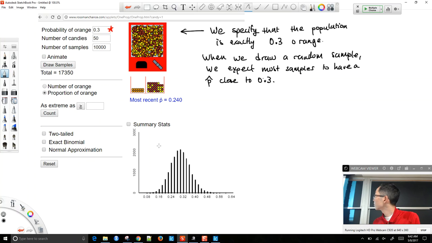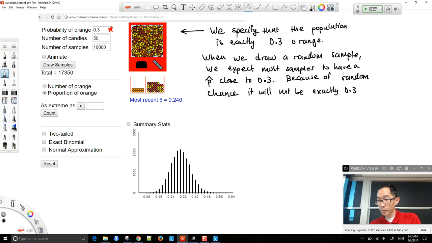But of course, because of random chance, it will not be exactly 0.3 all the time.